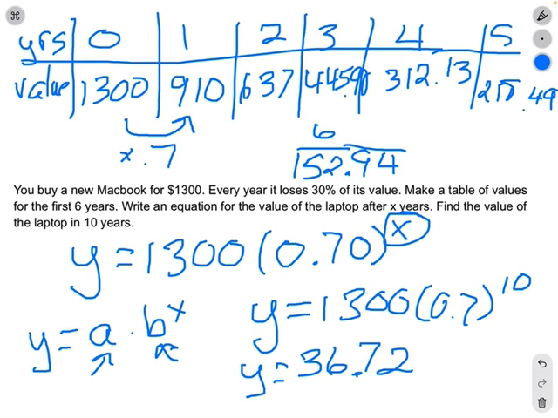And that seems like it's not very much because it isn't. But when you consider that in this first year it lost almost $400, and then from year 6 to year 10, it only lost a total of less than $80, right? So then that's part of how you know it's exponential.